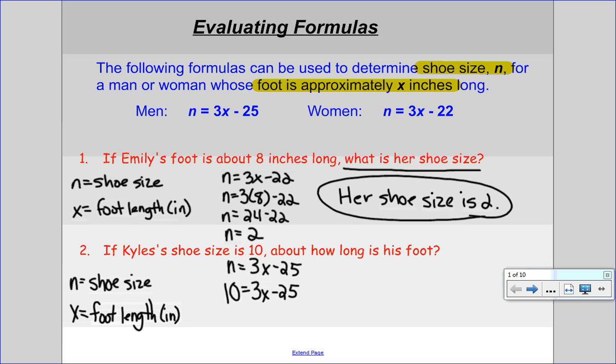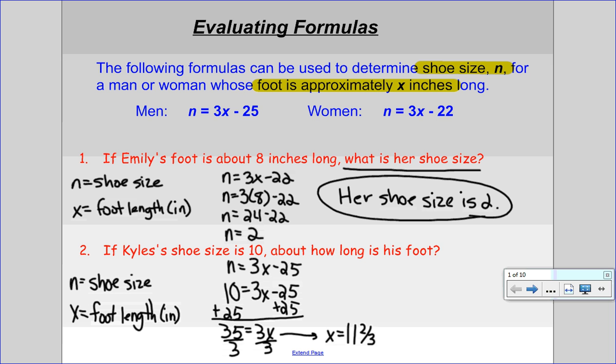That's what I'm trying to determine. So I need to follow my steps for solving and isolating a variable. I'll use my addition principle first. And now divide each side by 3 to get X equals 35 divided by 3, which is 11 2/3.